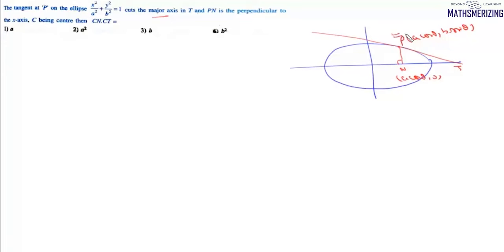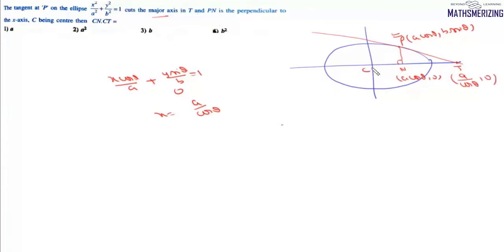Now the equation of tangent at any point P is x cos theta upon A plus y sin theta upon B, and it is equal to 1. Now this point T lies on the x-axis. So we'll put y as 0. We'll get x as a upon cos theta. So the coordinate of this point T will be a upon cos theta comma 0.